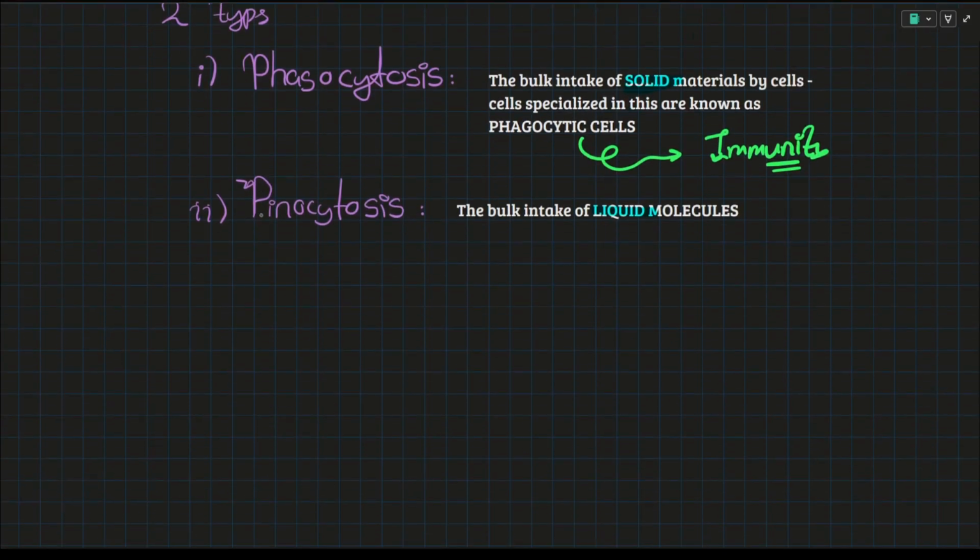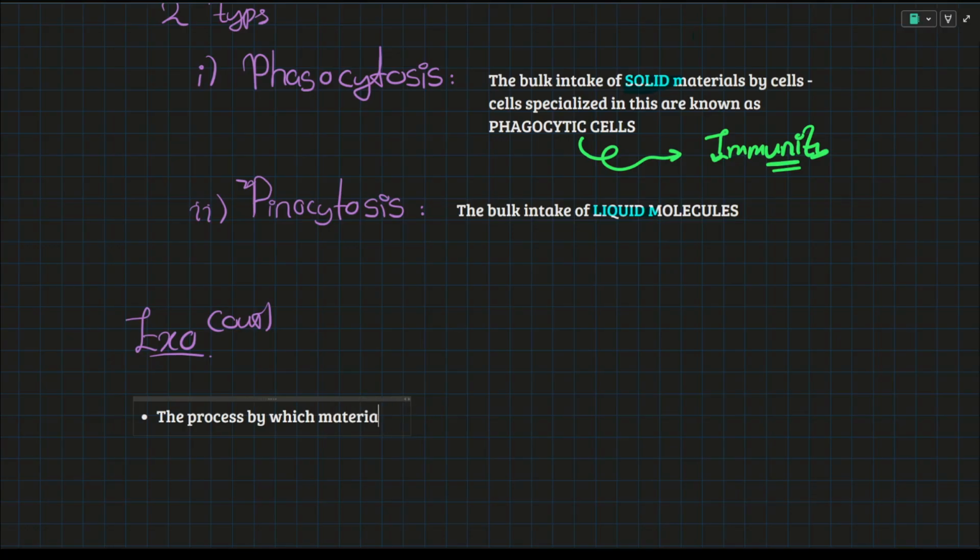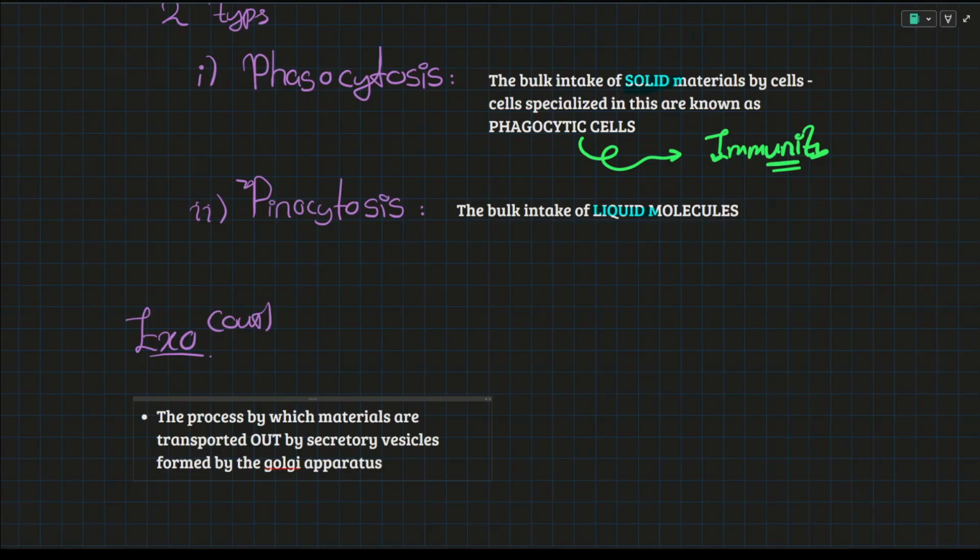Onwards to the exo part. Exo means out, just like exothermic. Exocytosis is the process by which materials are transported, this time out, by again secretory vesicles formed by this time the Golgi apparatus.